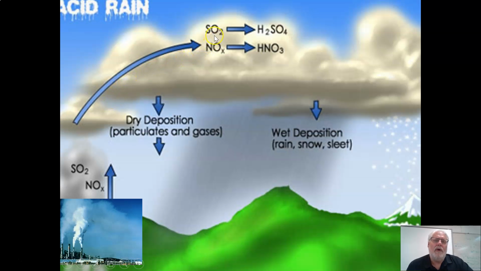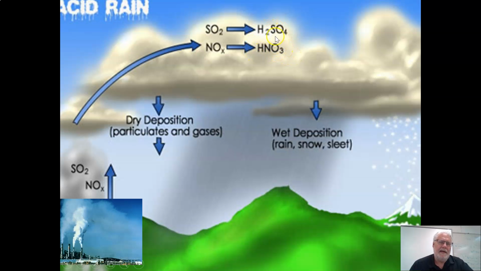But all of them will go up and interact with water in the air and form acids. Sulfur dioxide, a very common pollutant, will form sulfuric acid. That's sulfuric acid right there. And these nitrates and nitrites, nitrogen oxide compounds, will form nitric acid.